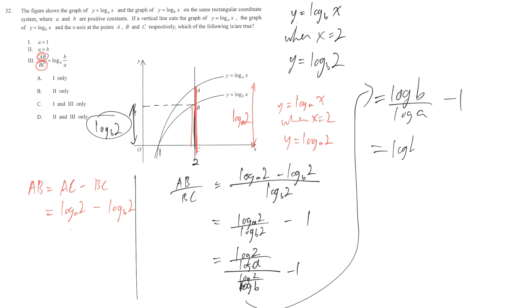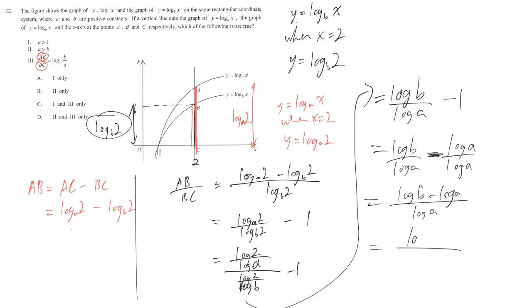That means log b over log a minus log a divided by log a to create the same denominator. Log b minus log a, and then this is over log a. Finally, this is log of b divided by a, and then divided by log a.